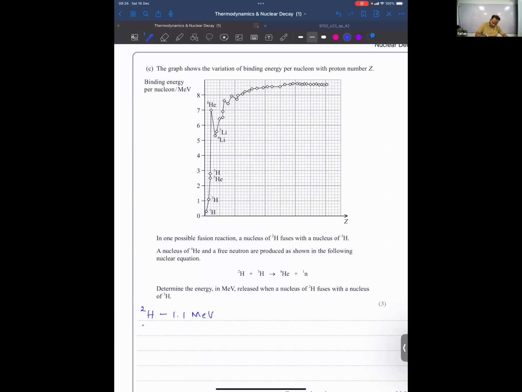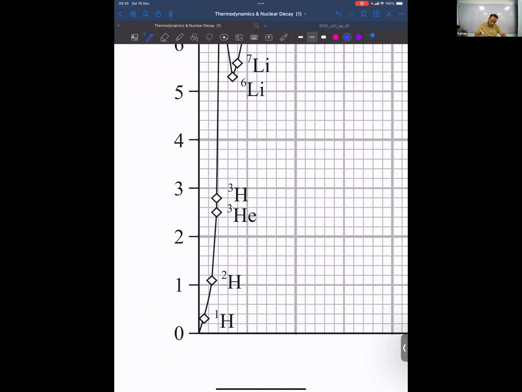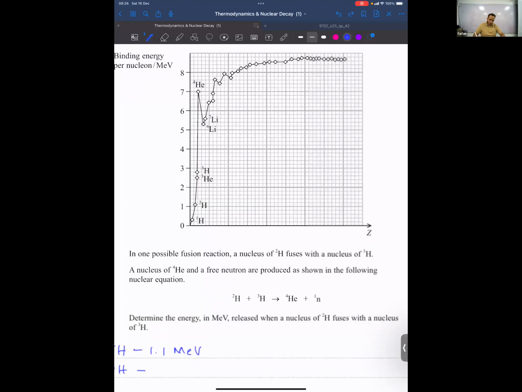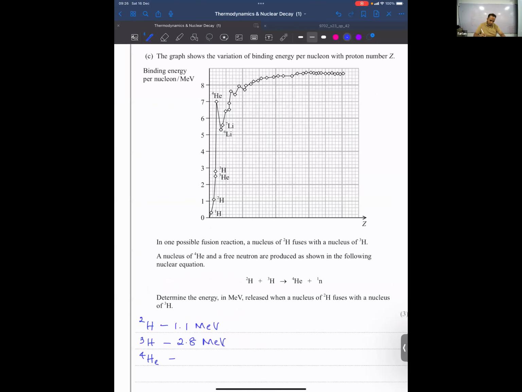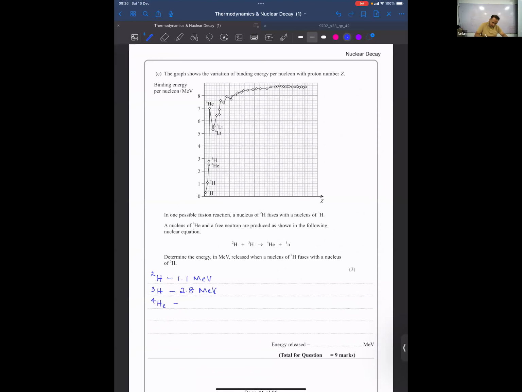And hydrogen 3 has a binding energy per nucleon value of 2.8 megaelectron volts. And the helium 4 has a value of 7. These are the values of binding energy per nucleon.